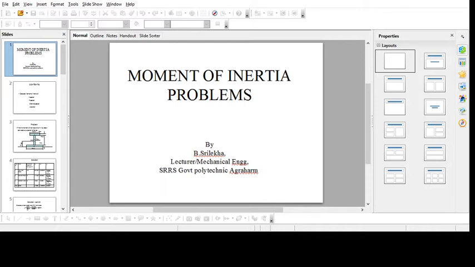After that you have to find the centroid of each section. Thereafter you find the centroid of the entire composite area. Next, you have to find the distance from the centroid of the composite section to the centroid of each part. Next, you have to find the moment of inertia of each part about its centroid.